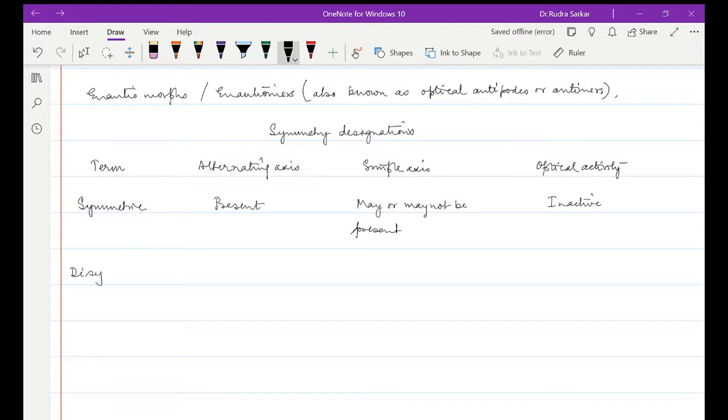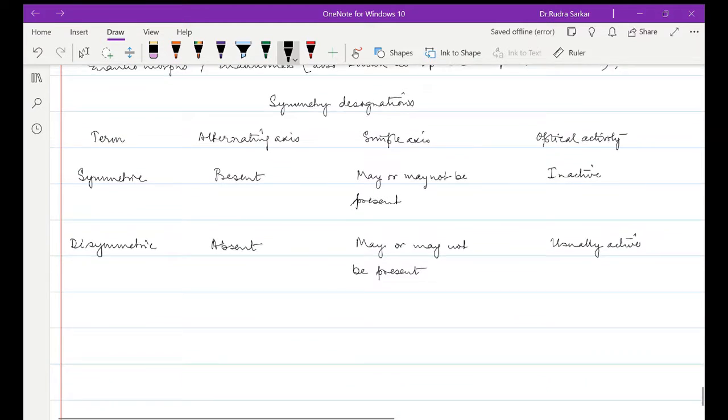For a disymmetric molecule, especially allenes, spirans, biphenyls, the simple axis may or may not be present. And these will be usually active.